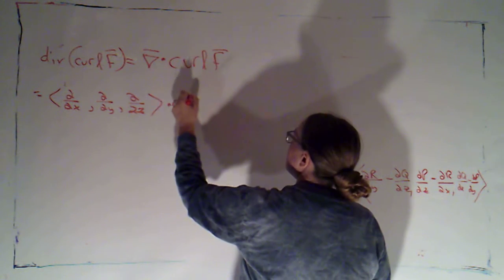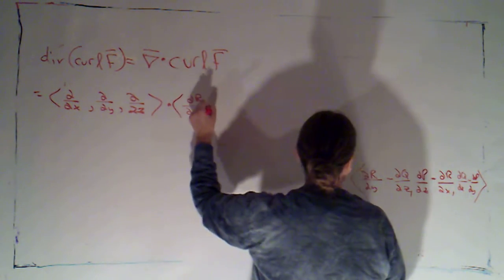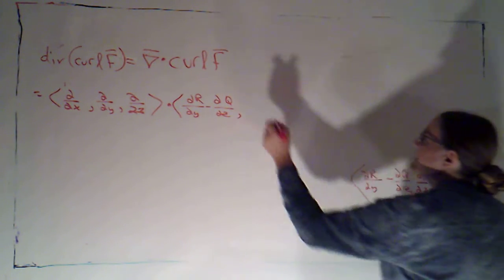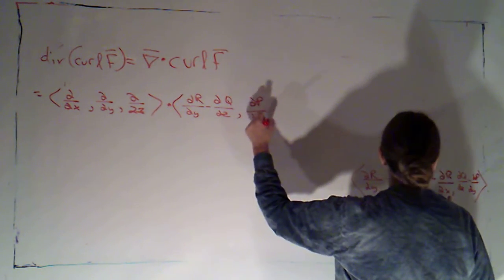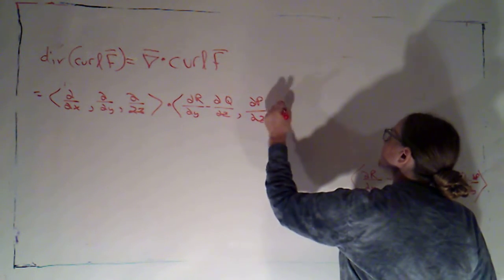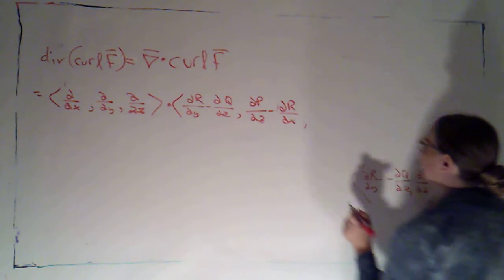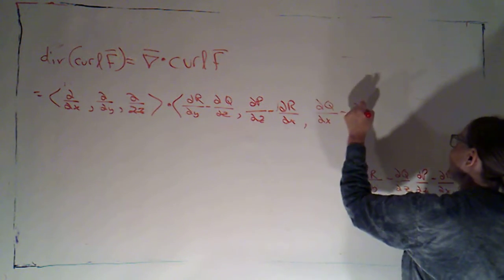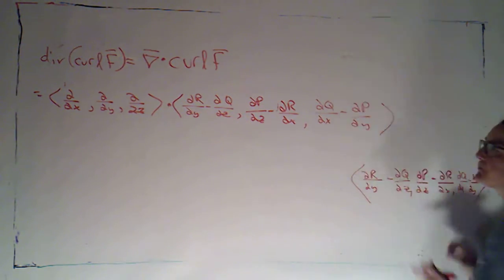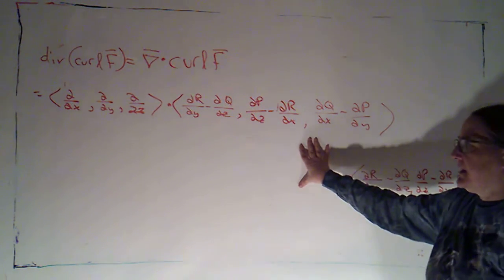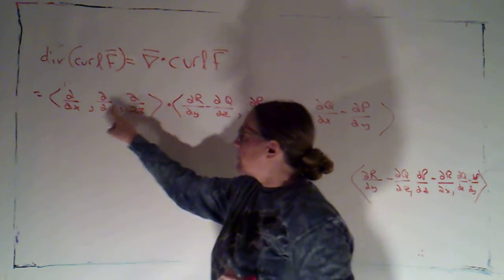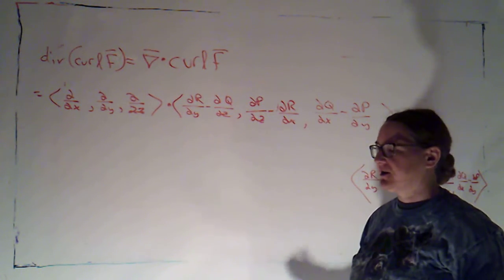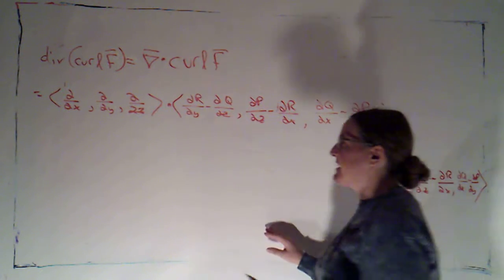So that's partial r partial y minus partial q partial z, comma, partial p partial z minus partial r partial x, comma, partial q partial x minus partial p partial y. So hopefully you see what's happening here. I'm going to now take another partial derivative of these things. So I'm going to be getting second partials of my component functions. I'm starting to see how they might cancel out.